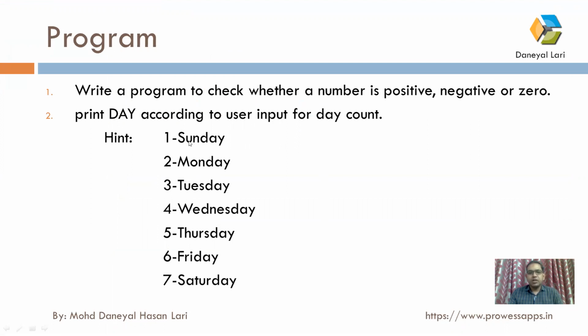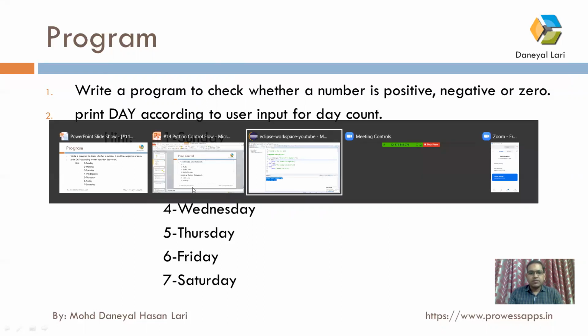So the user can provide these inputs, that is 1, 2, 3, 4, 5, 6, 7. But I need to print only one, that is either Sunday, Monday, Tuesday, Wednesday, Thursday, Friday, or Saturday. So I have this number of conditions, and I want to execute only one of them. So I will write an if-elif-else statement.